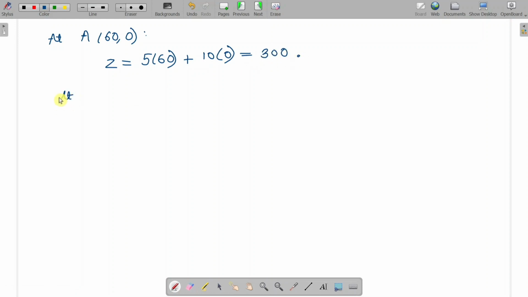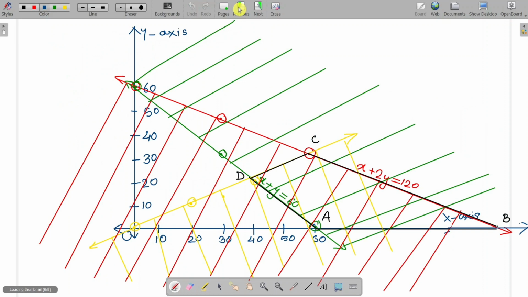Then at the second point, that is B, and to find the point B we have to put y equal to 0 in the red line. Okay, to find the point B we have to put y equal to 0 for the red line, because when y is equal to 0 you will get this point B. Okay, on the x-axis always the points are in the form x, 0, right?